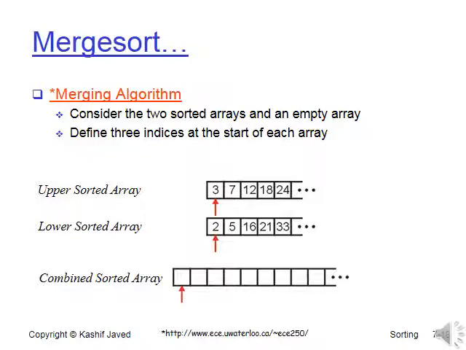Let's name the empty array the combined sorted array. The upper sorted array contains numbers 3, 7, 12, 18, 24, and so on. The lower sorted array contains numbers 2, 5, 16, 21, 33, and so on. We will define three indices at the start of each array.